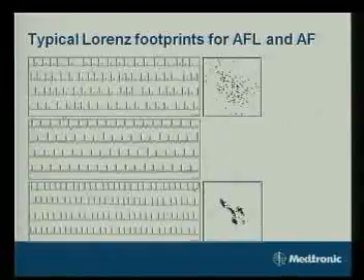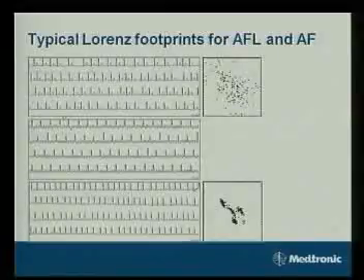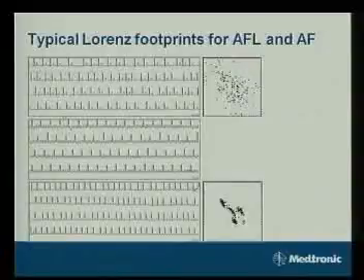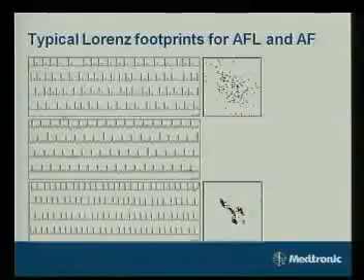So you get not one cloud, but 2, 3, or 4 very specific clouds. So for every atrial arrhythmia, you can identify a very typical Lorenz footprint. Any monitor is able to look at all these possible footprints, and by means of the footprint, it will determine whether the rhythm is sinus rhythm, or atrial fibrillation, or atrial flutter.